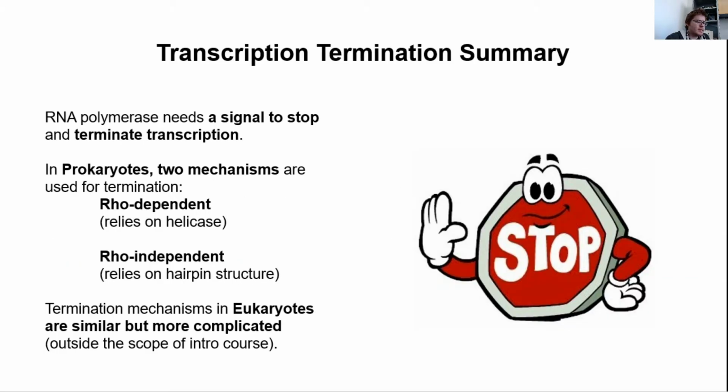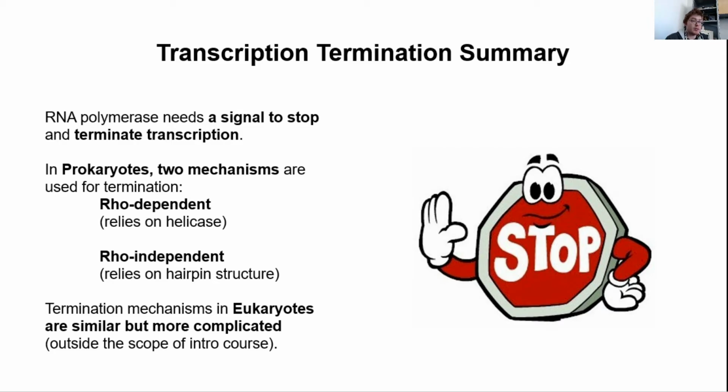And so let's just sum up what we learned about transcriptional termination. Just like initiation, RNA polymerase needs a signal to stop transcribing so that the RNA that we produce doesn't go on forever. And we talked about 2 interesting mechanisms that are distinct in prokaryotes for doing this.